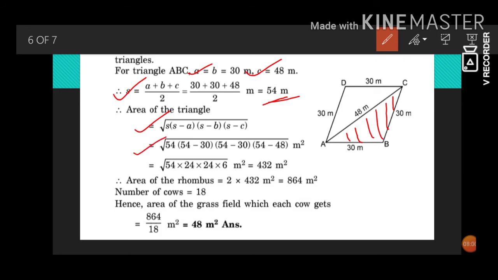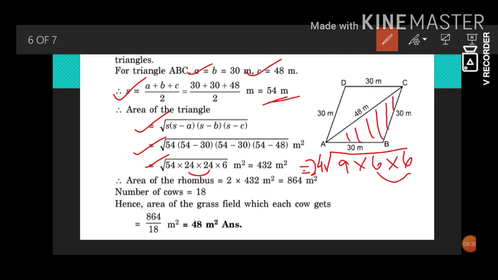So we will get 54 into 24 into 24 into 6. If we take them out in pairs, 24 is already in a pair, so it will come out, and 54 can be written as 9 into 6 into 6.